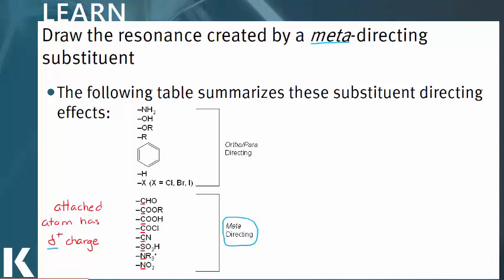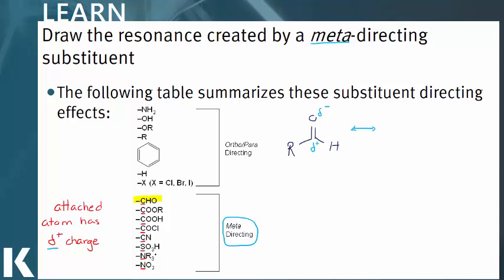If we look at one of our weakly meta-directing substituents, our aldehyde, notice that the aldehyde contains a carbonyl, and carbonyls are polar, where we have partial negative charges on our oxygen and partial positive charges on that carbonyl carbon.